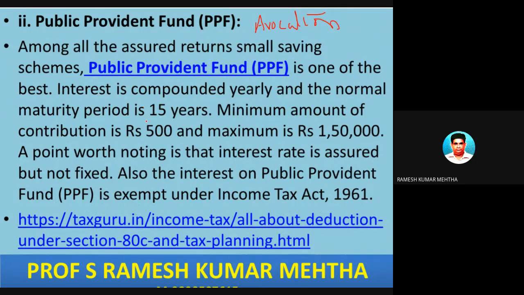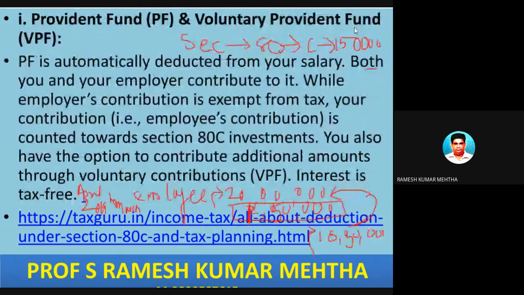It has to be opened with a specified bank, and State Bank of India is one nominated bank where you can open a public provident fund account, the PPF account as we call it, and start investing. You will get deductions under section 80C to the tune of 1.5 lakh rupees for the whole year, maximum of what you have invested. So this is a provident fund.